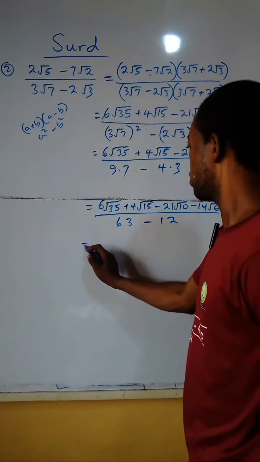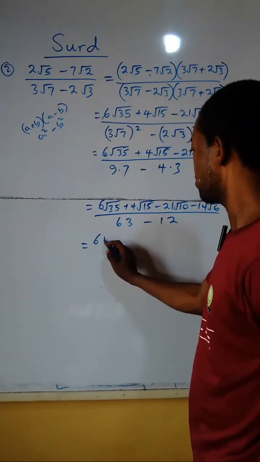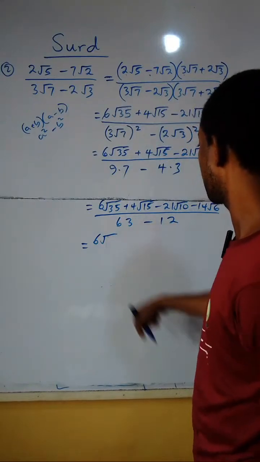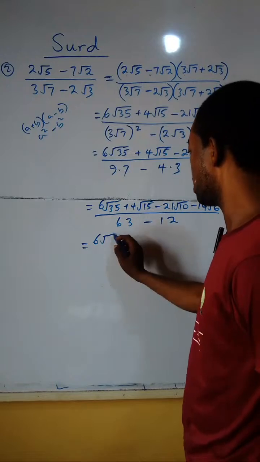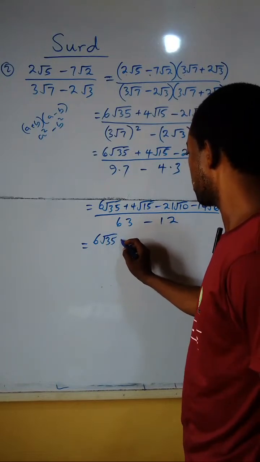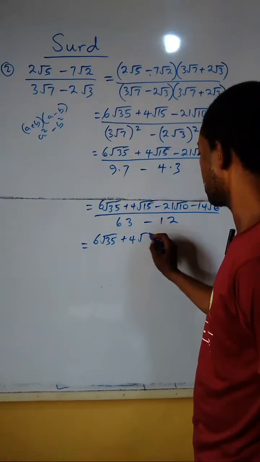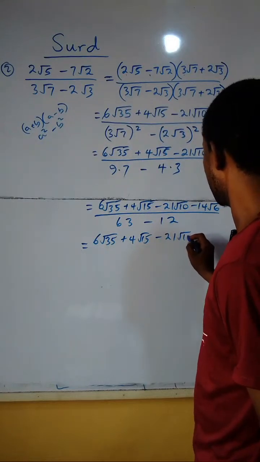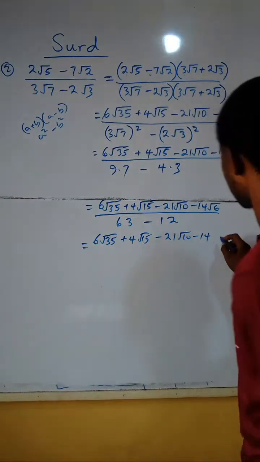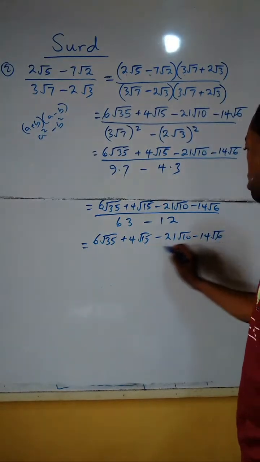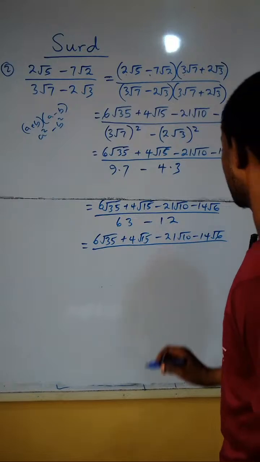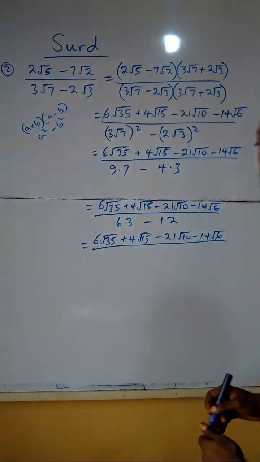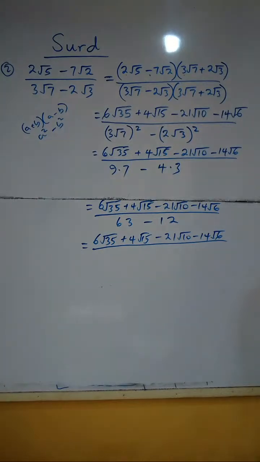Then this becomes, so we still have same thing here, no similar surd, we can't add it, we can't subtract. So we have different surd here. So that's 6 root 35 plus 4 root 15 minus 21 root 10 minus 14 root 6, then over 63 minus 12.